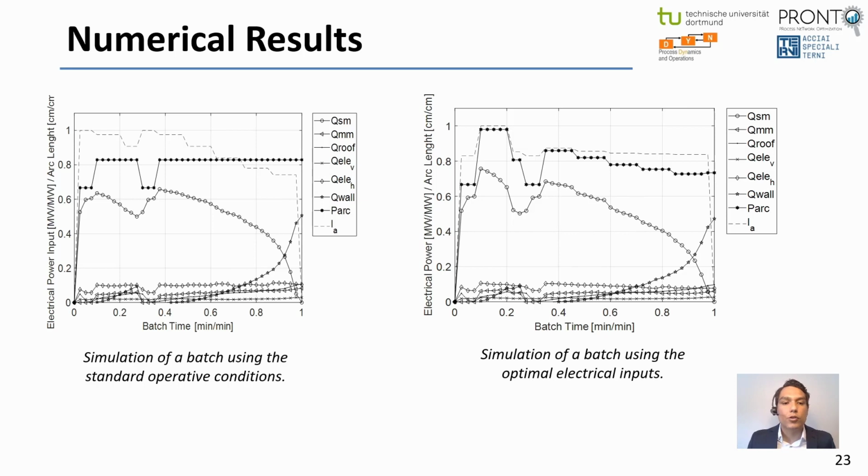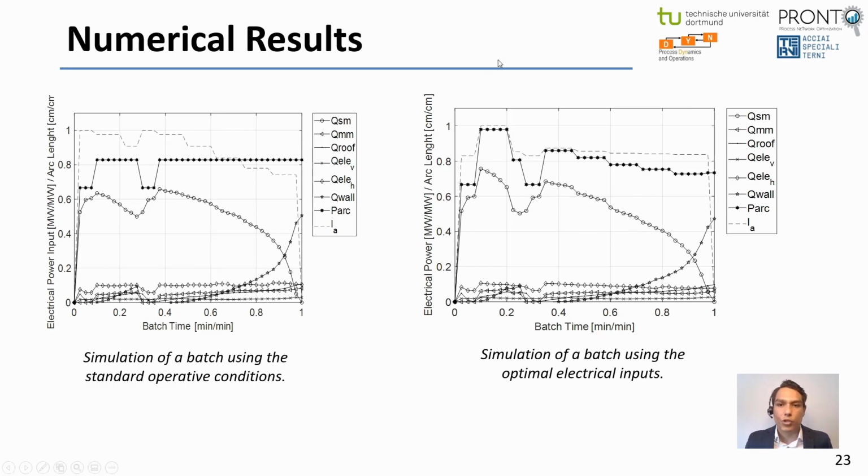It's important to remark that this is related exclusively to the electric input, therefore to the radiative energy from the arc. On the right-hand side, I present the optimal melting profile computed by the algorithm, and it is as follows.